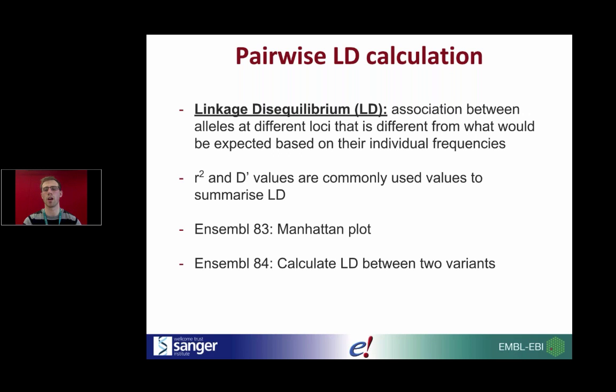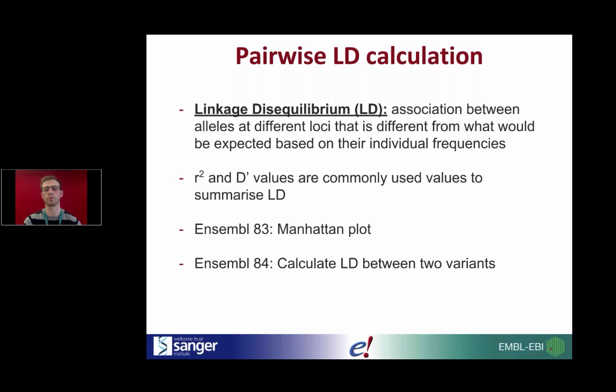So it's the measurement of the existence of two different alleles within the same sequencing data, and assesses whether they come together more or less frequently than would be expected based on the frequencies within the population as a whole.